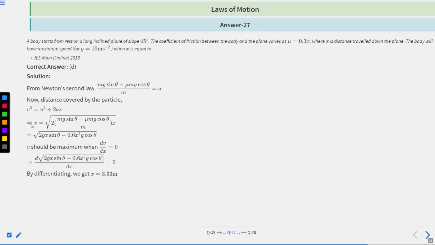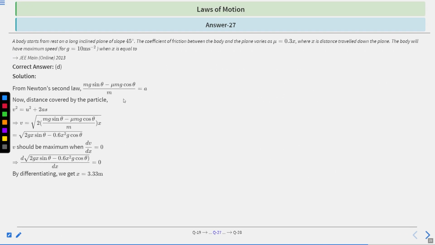Let's find the solution. From Newton's second law, (mg sin theta minus mu mg cos theta) divided by m equal to a. Now for the distance covered by the particle, using the equation of motion v square equal to u square plus 2as, putting all the terms in this equation, v becomes this.